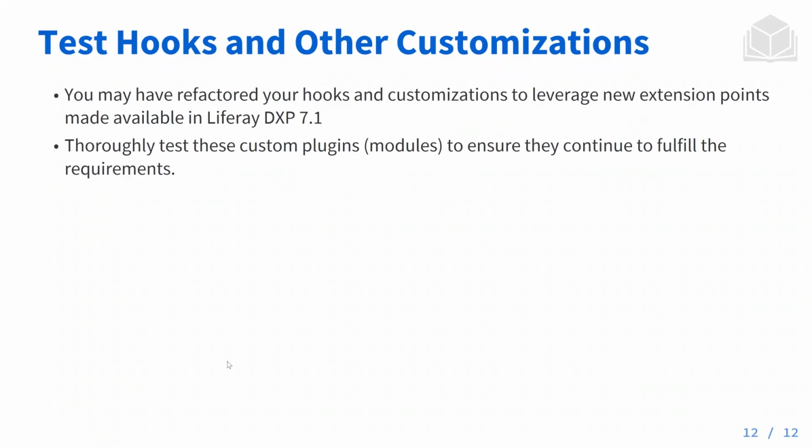We want to make sure that the functionality of our hooks back over in 6.2 is still being implemented in 7.1, whether it's modifying JSPs through portlet filters, or maybe listening for specific application events like Liferay starting up. And that's implemented differently as well, through a module and a component.